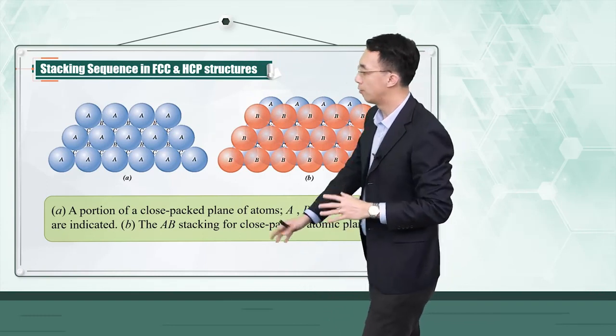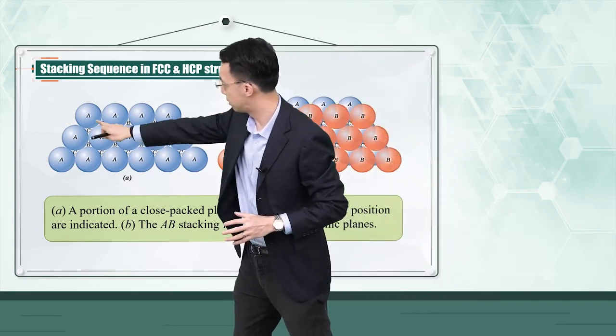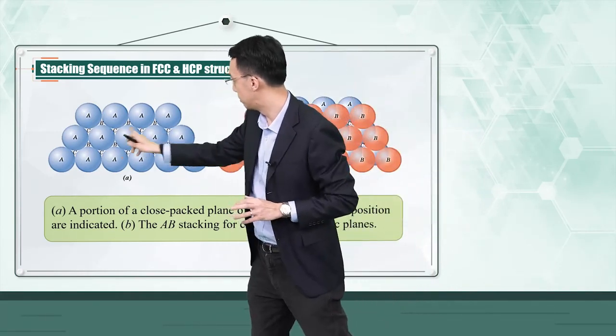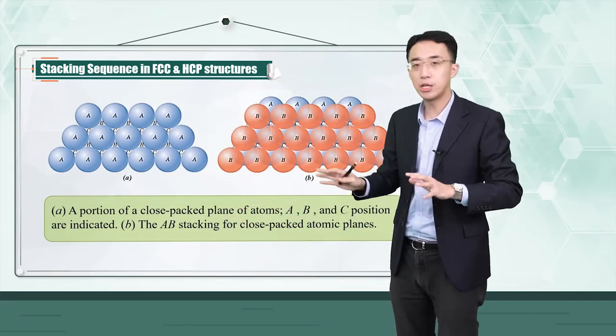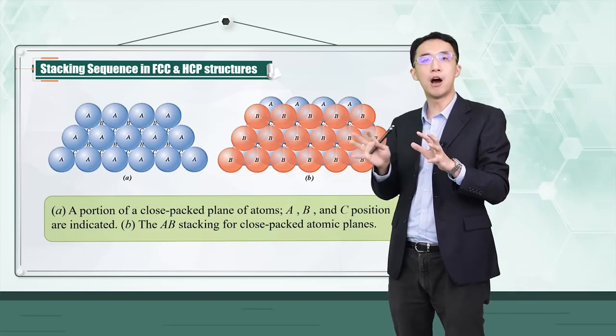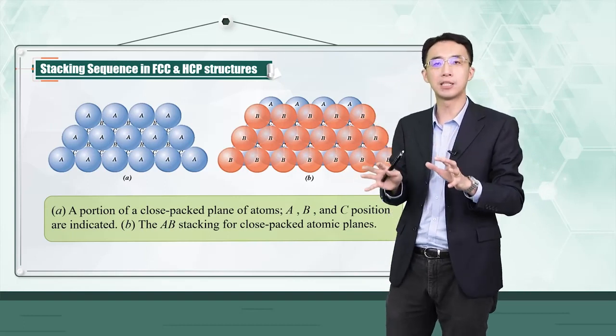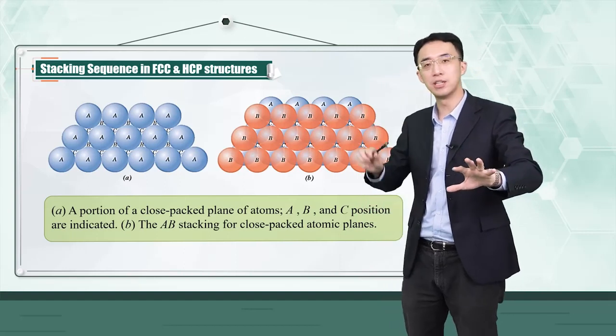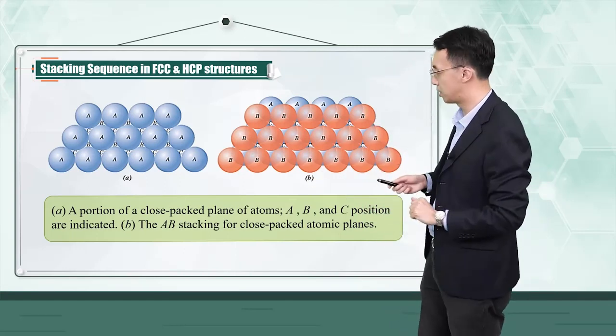Once atoms are fully occupying these B positions, no atoms can occupy these C positions anymore. So essentially you will have two different combinations of closely packed structures. One is the FCC structure, the other one is the HCP structure.